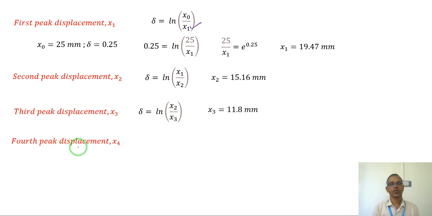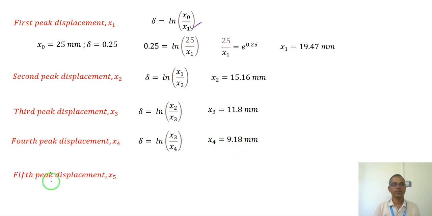Then the fourth peak x4, delta equals ln of x3 by x4. Substituting x3 equal to 11.8, x4 is 9.18. For the fifth peak x5, delta equals ln of x4 by x5. I know x4 is 9.18, so x5 is 7.14. Like this I will be able to find all the peaks.